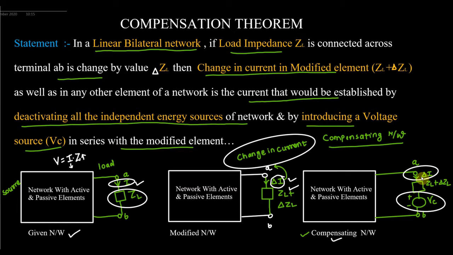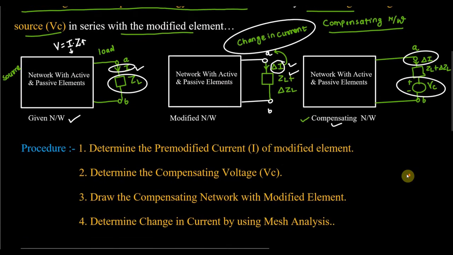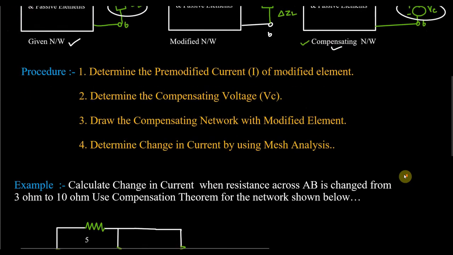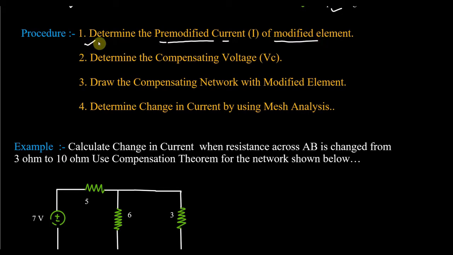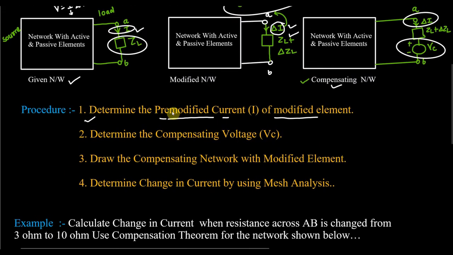Okay. Now we will apply this to a network, and we will solve one numerical based on that. Before that, I have marked some steps. Whenever you solve a numerical of the compensation theorem, you have to follow these steps. What is the first step here? Determine the pre-modified current of the modified element. This means you have to find this current I in the given network.